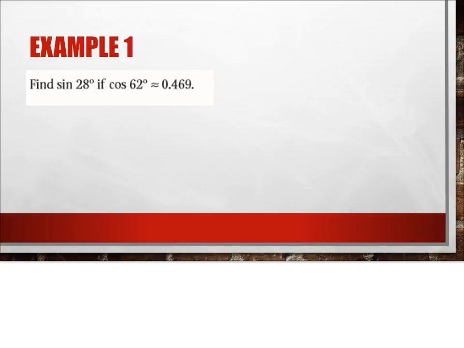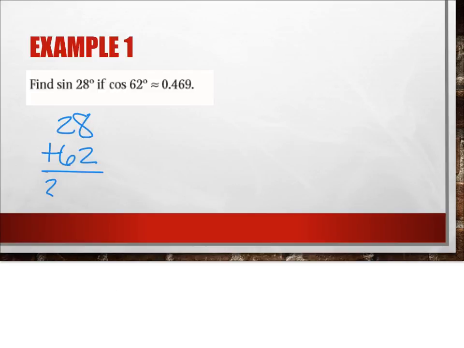So let's give example 1 a quick look. The sine of one acute angle in a right triangle should be equal to the cosine of the other acute angle in a right triangle. So in example 1, if they tell us to find the sine of 28 degrees if the cosine of 62 degrees is approximately 0.469. Well, here's what we have to check out first. 28 plus 62.